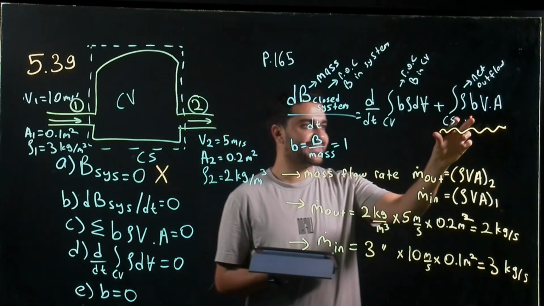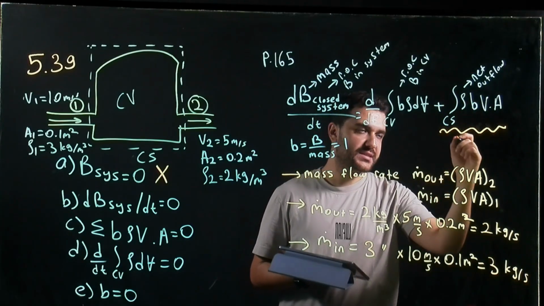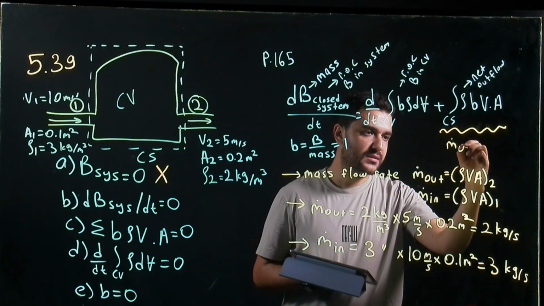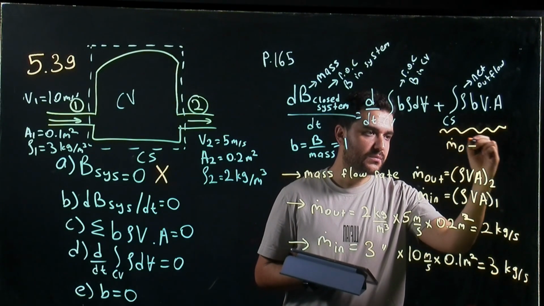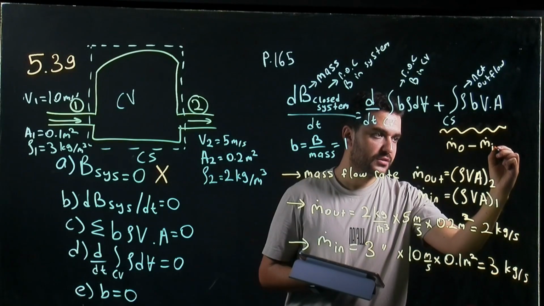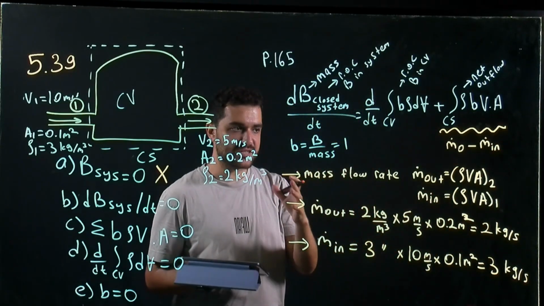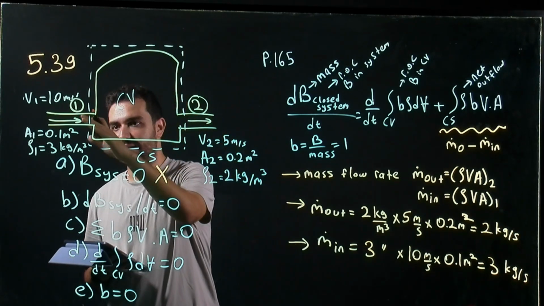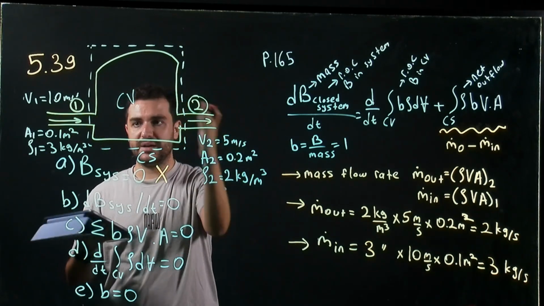So this term, which is the net outflow, is out minus in, because as you know, when we are dealing with change, we usually do final minus first.